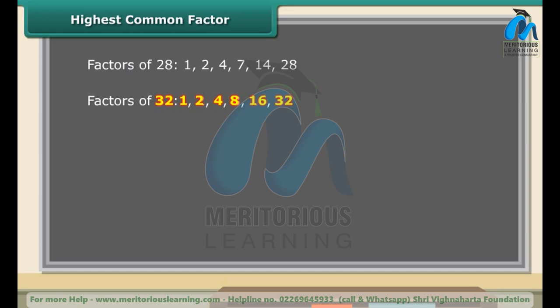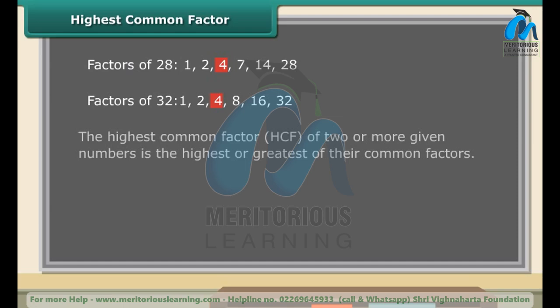The common factors are 1, 2, and 4. It is clear that the highest common factor among these numbers is 4. Therefore, the highest common factor HCF of two or more given numbers is the highest or greatest of their common factors. It is also known as greatest common divisor or GCD.